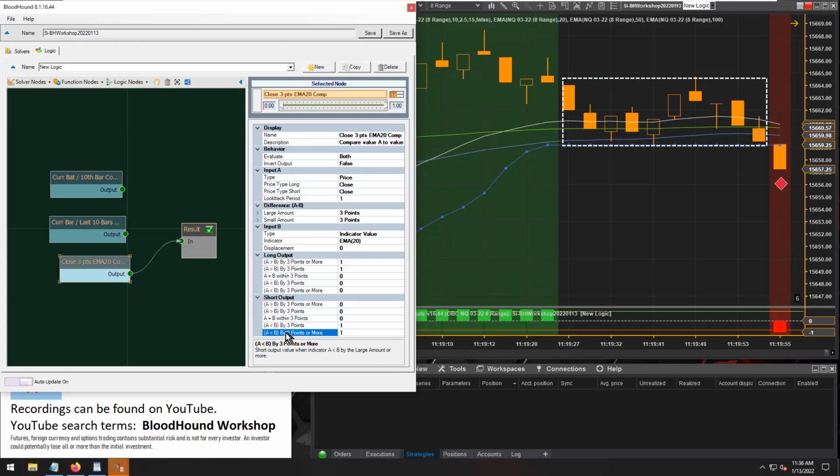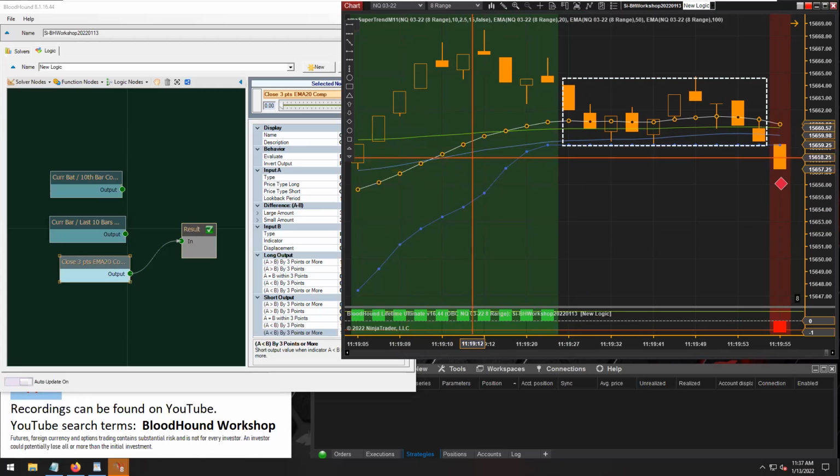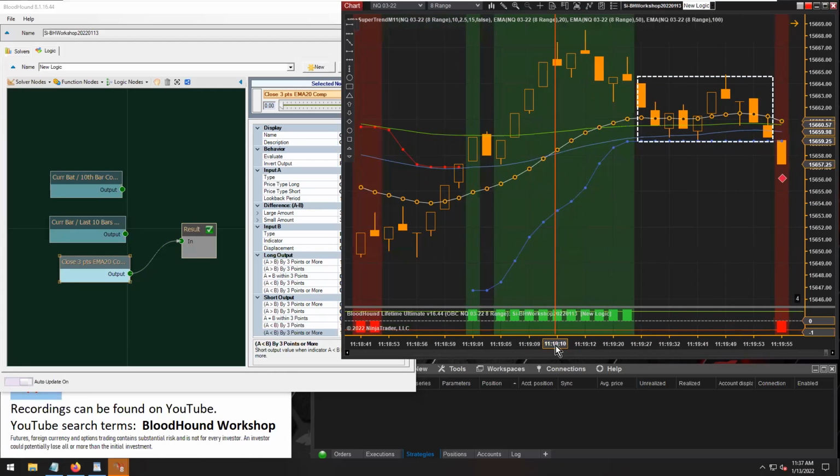Or if the closing price is below B by 3 points, we're going to get a short output. And so remember, right there, the white line is the EMA 20. So there we go.